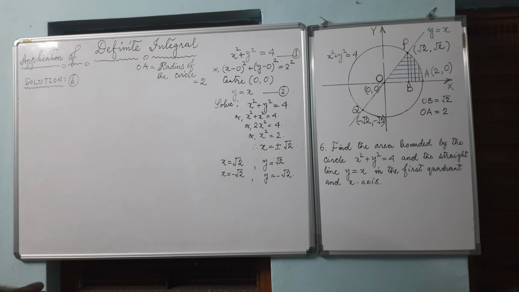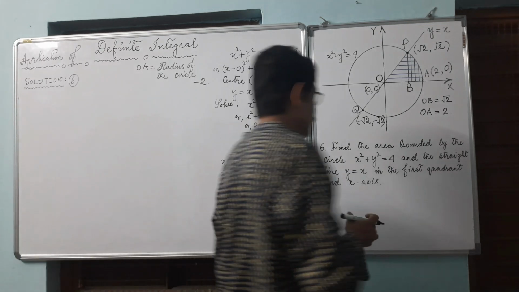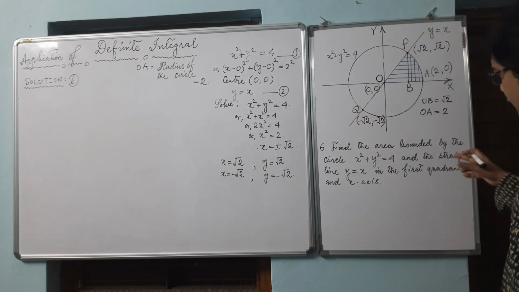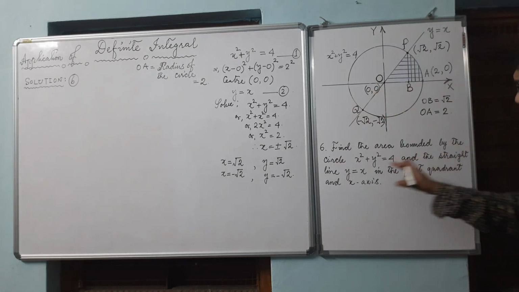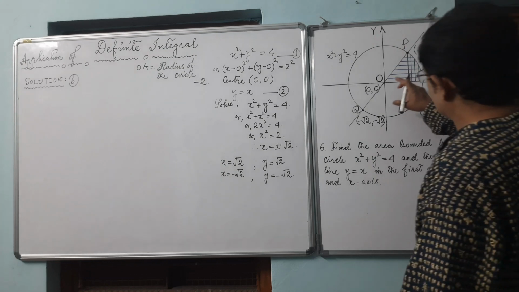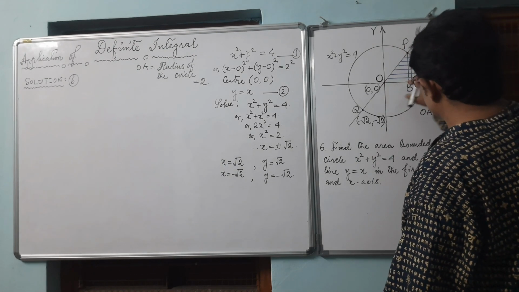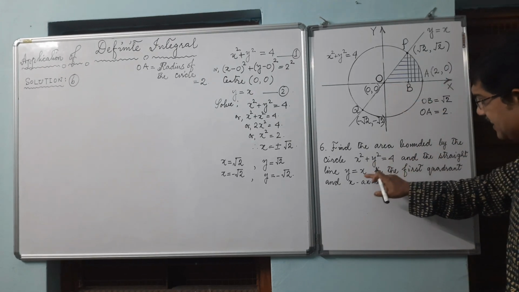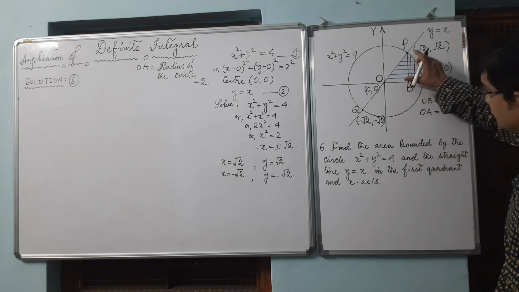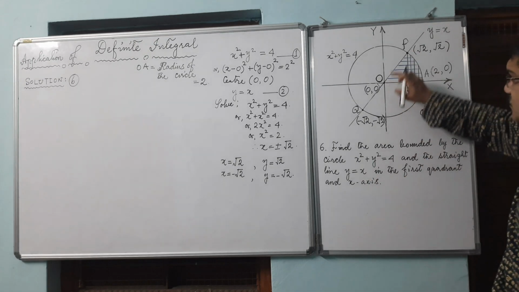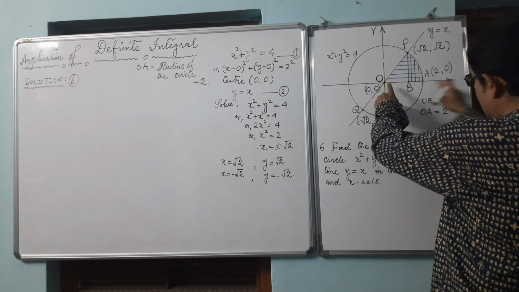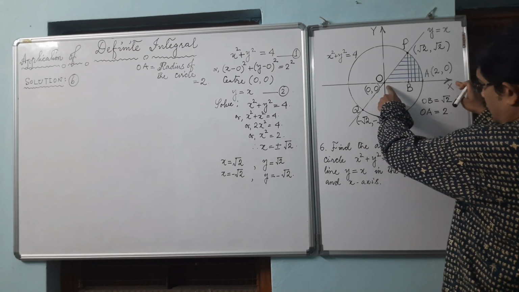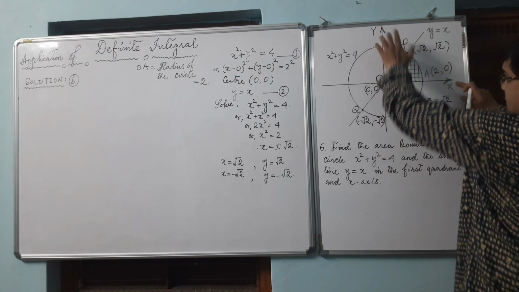Now if we consider the area bounded by the circle and the straight line y equals to x in the first quadrant, here we observe the shaded region is the required area bounded by the circle and the straight line in the first quadrant. First quadrant means in this area, x axis, y axis.